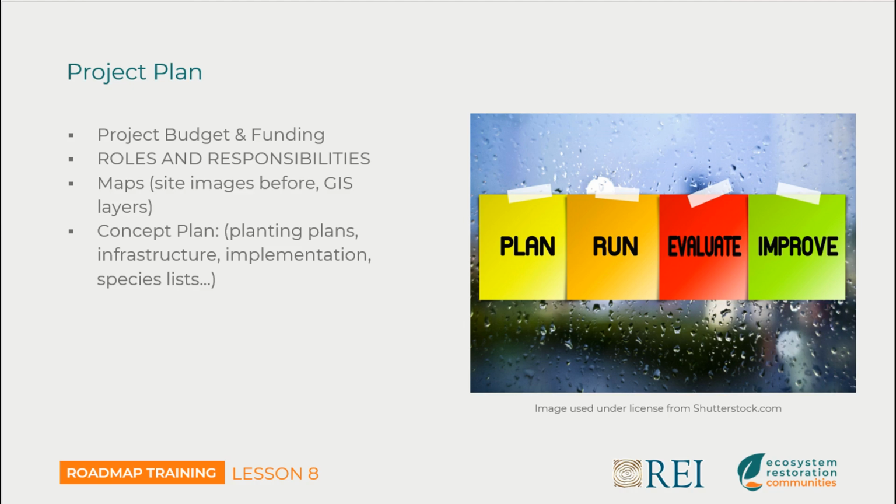This can be more complex using GIS, or you can just draw it on paper and keep it very simple. Your concept plan, your planting plans, your infrastructure, your implementation, your species lists, all these things. What is it that you're planning to do? Put it down on paper. It's really important to share that with everybody involved.